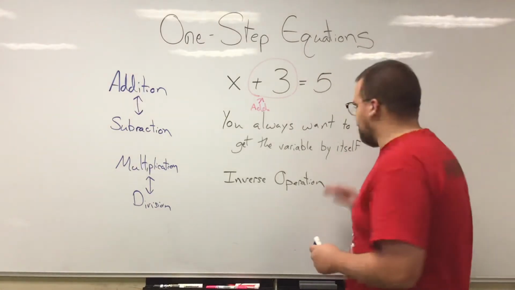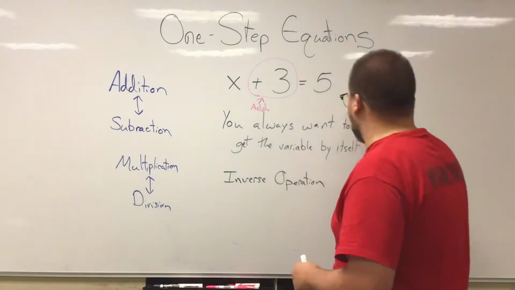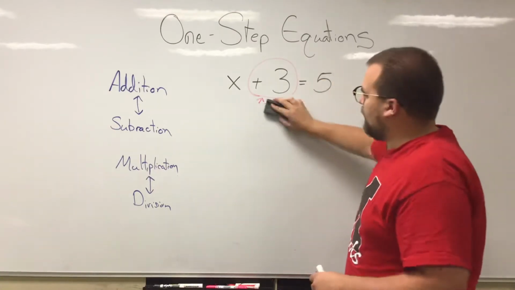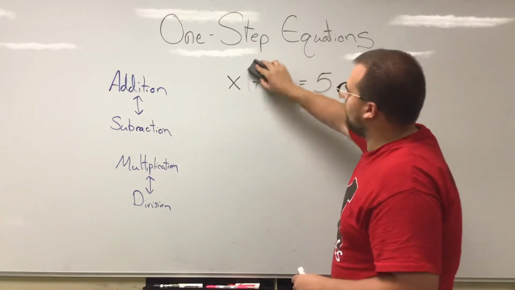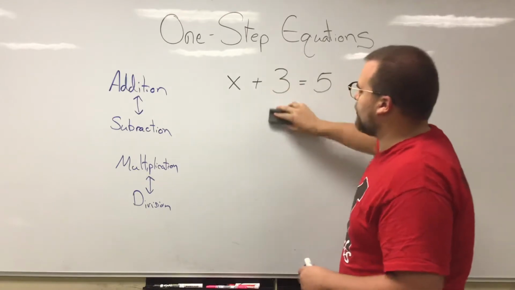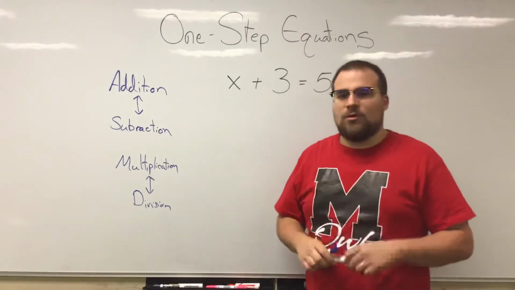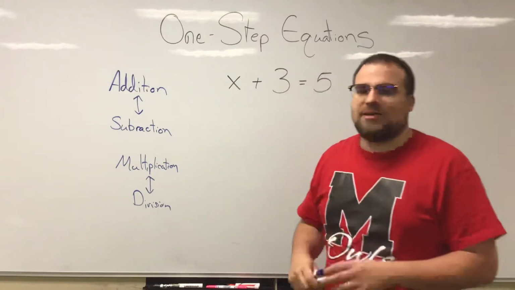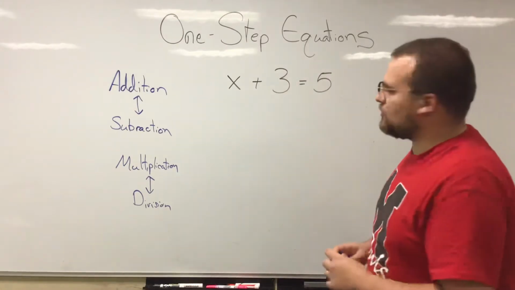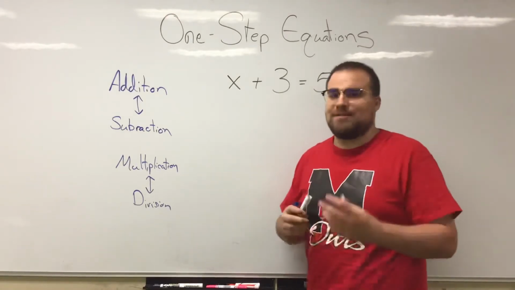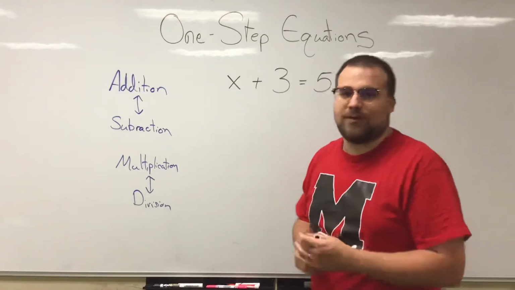Let's go ahead and do it. I'm going to erase this. And then we're going to go ahead and use our inverse operation to get rid of this addition that's going on. What we need to do is apply that inverse operation to both sides of the equation, meaning both sides of the equal sign.